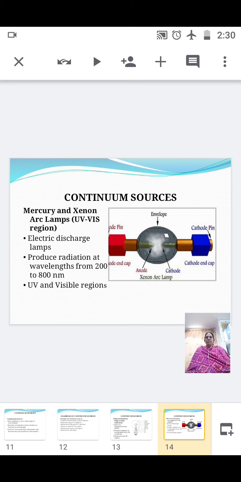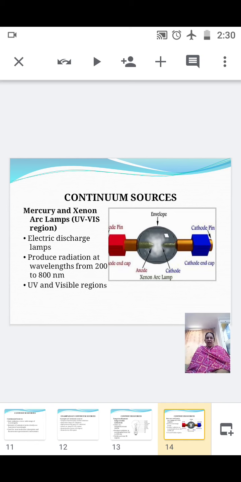These are called electric discharge lamps, and they produce radiation at wavelengths from 200 to 800 nanometers. The discharge is produced inside the bulb, inside the tube.